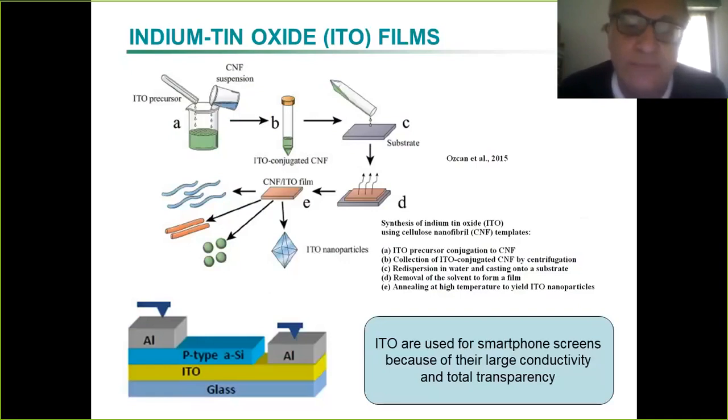So you heat up quite quickly to get to a high temperature, and then the structure has been created, and therefore you get very precise indium tin oxide nanoparticles. We define a nano material, a material which has got at least one dimension which is lower than a micron. So it is in the order of the nanometers.